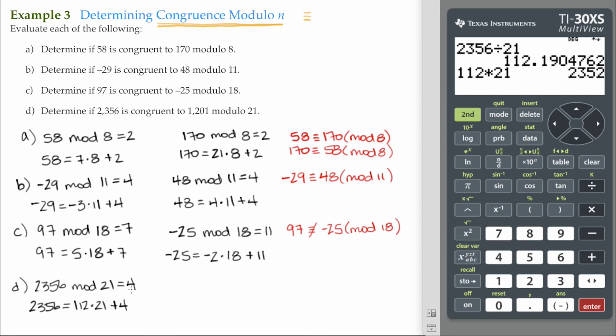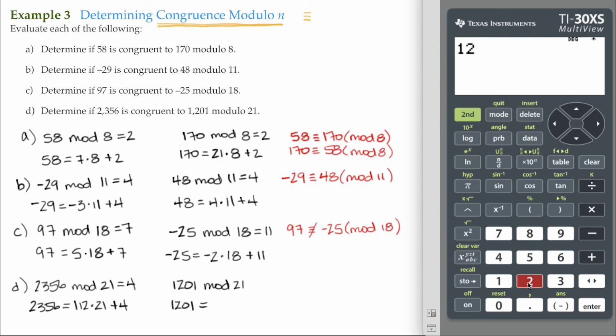And then 1,201 modulo 21. Using the division algorithm, 1,201 is going to be equal to 57 times 21.